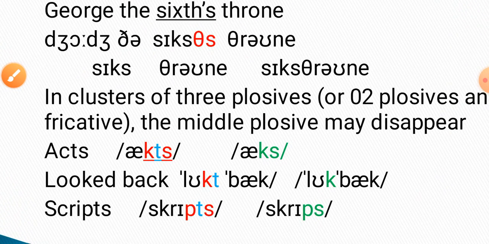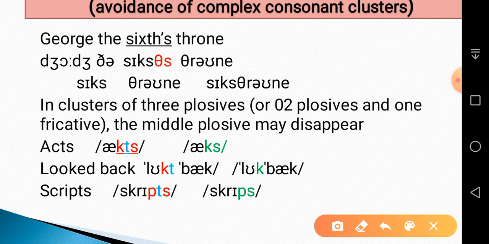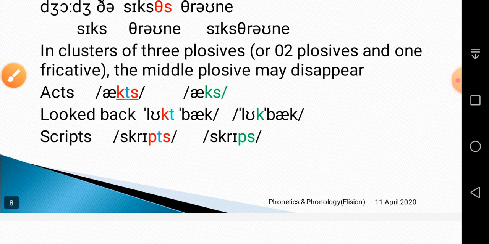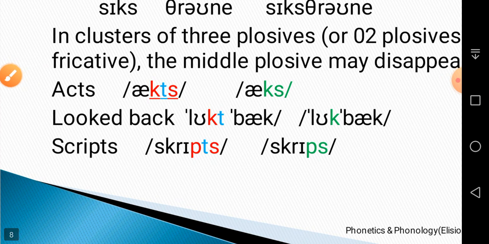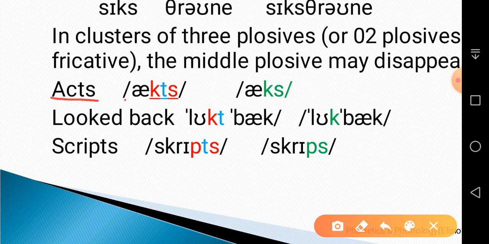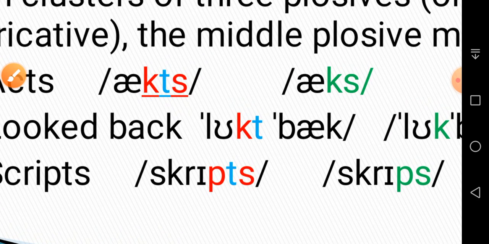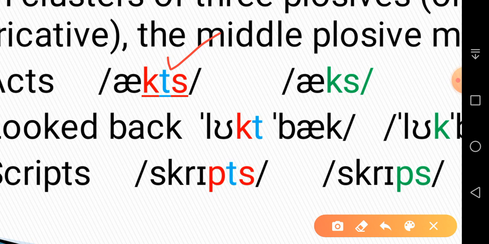Here is another example: in clusters of three plosives, or two plosives and one fricative, the middle plosive may disappear. See the example. Here is a word, acts. Here is its transcription. So here is a cluster, and the k and t are plosives, and this s is a fricative. Now in this cluster of three, the t will be dropped, or elided.